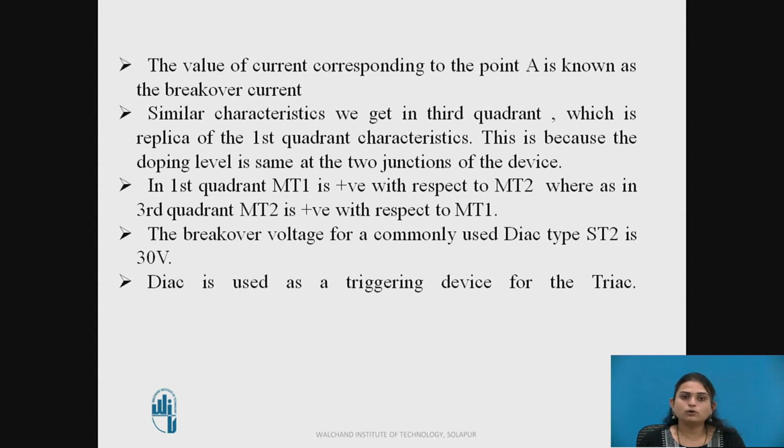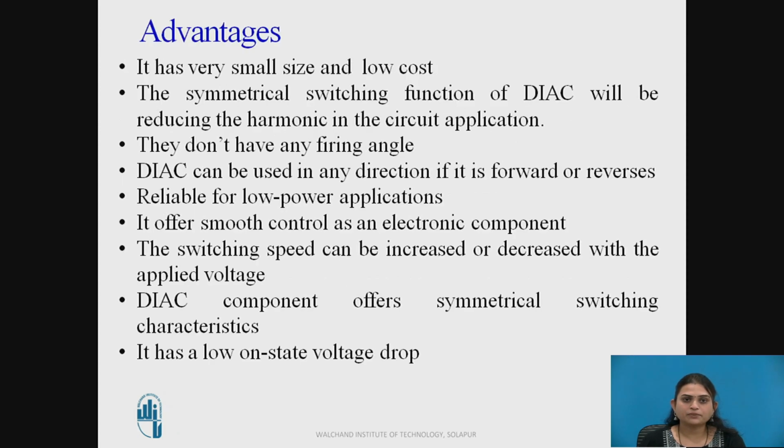As the applied voltage is less than 30 volts, the device is not conducting, and as we cross the breakover voltage in the forward direction, the device starts conducting. DIAC is also used as a triggering device for the TRIAC. So this is the VI characteristics of the DIAC.